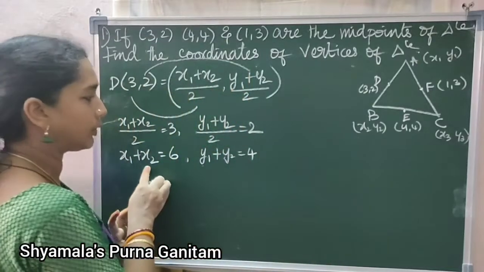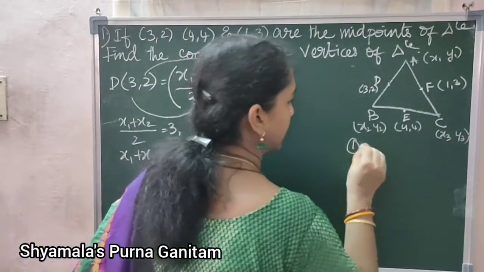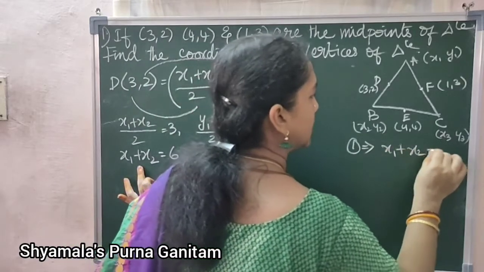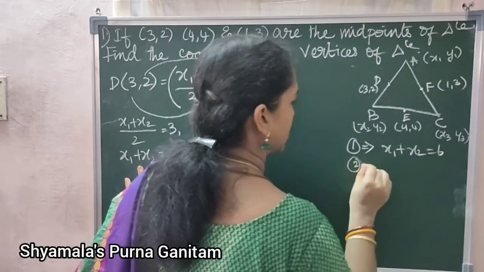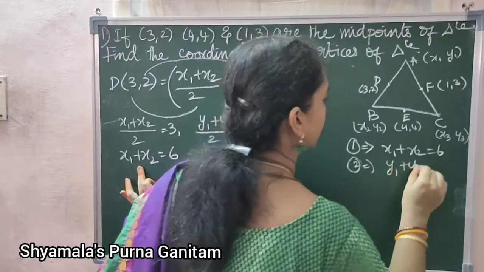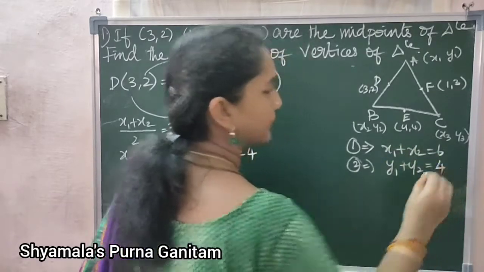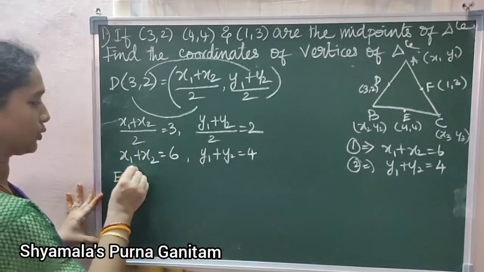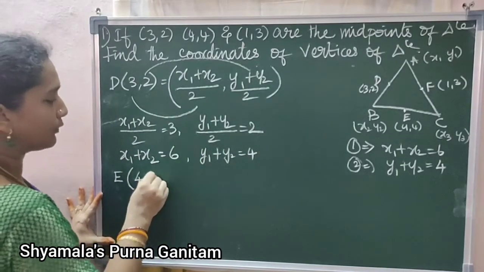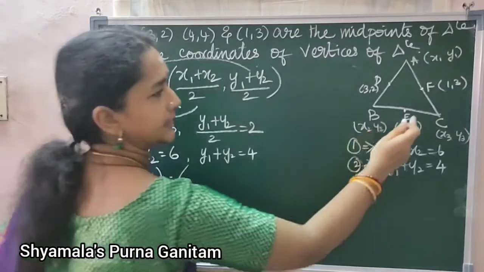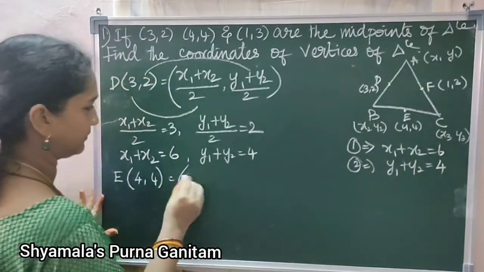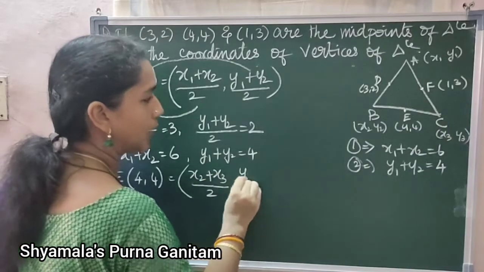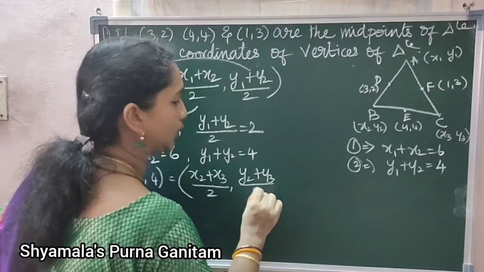Take this as the first equation and second equation. The first equation is x1 plus x2 is equal to 6. The second equation is y1 plus y2 is equal to 4. The same thing you have to do for the remaining ones also. E is given as (4, 4), so it is x2 plus x3 by 2 and y2 plus y3 by 2.